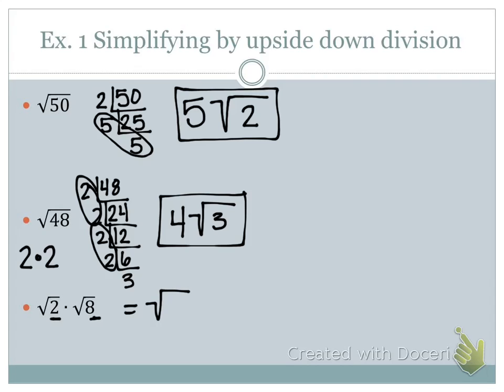What's 8 times 2? 16. Well, that's easy. What's the square root of 16? That's my final answer. Just go ahead and multiply them together. Now, if that was like 2 times the square root of 8, I could not do that. What makes that possible is they both have the square root signs.